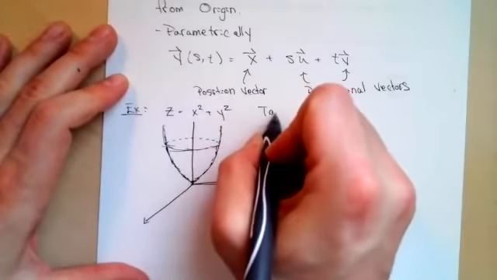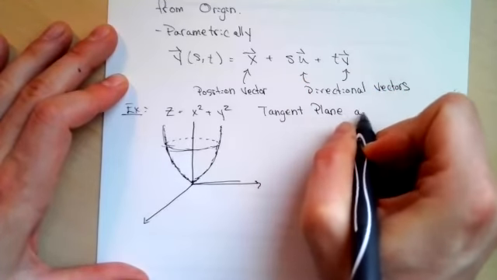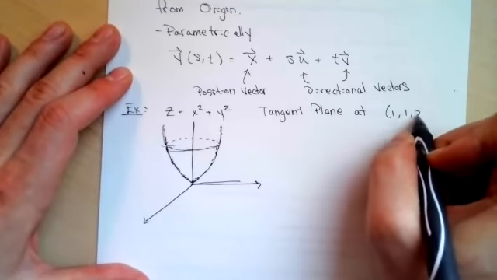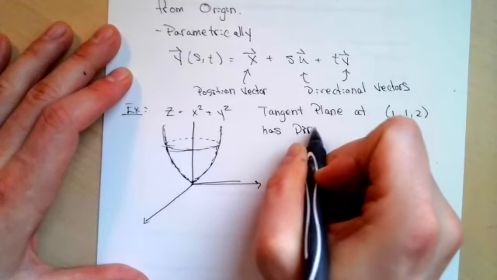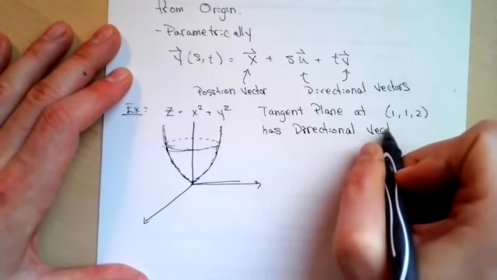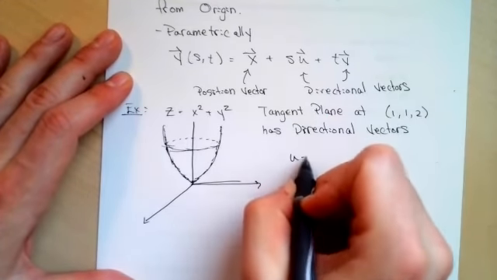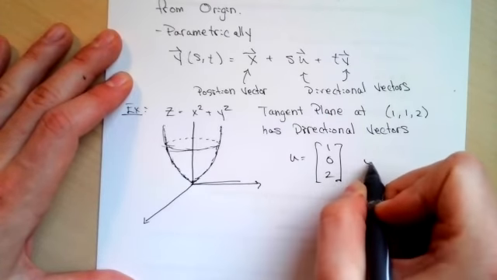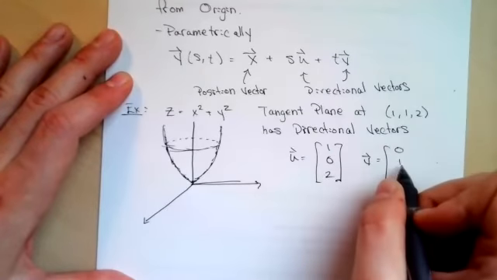So the tangent plane at 1, 1, 2 has directional vectors, let's call it u is equal to 1, 0, 2 and v equal to 0, 1, 2.